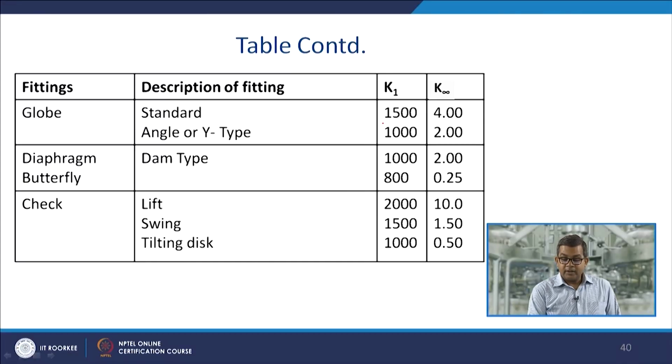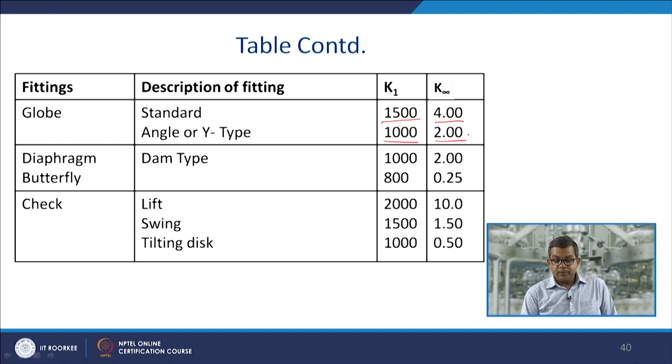Then there are certain fittings related to the globe. For the standard, the K1 is 1500 and K infinity is 4. Then angle or Y type, K1 is equal to 1000 and K infinity is 2. There are diaphragm and butterfly valves. The dam type is the description of the fitting.